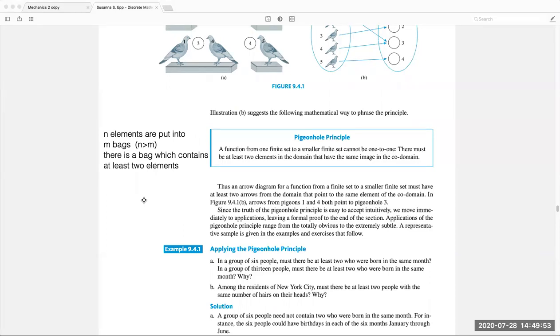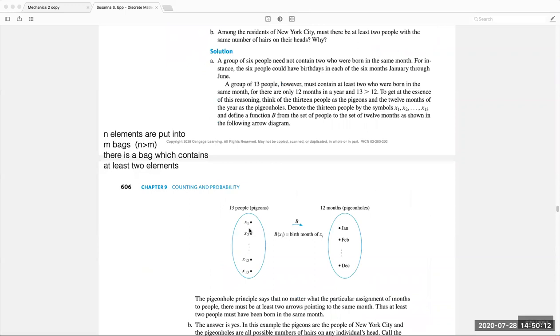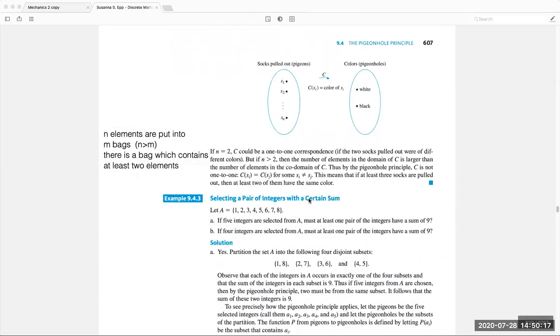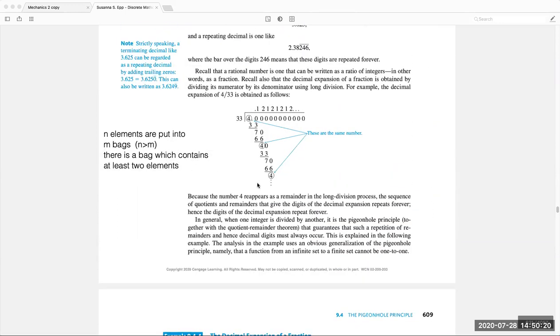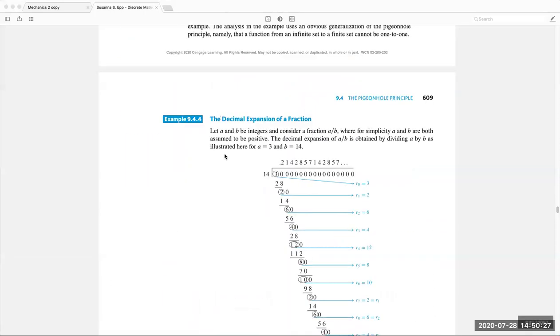Actually, even a primary school student can understand this statement. But the application of the pigeonhole principle is not that easy. We're not going deep into this part, we can talk about this later on, but you may have a look by yourself.